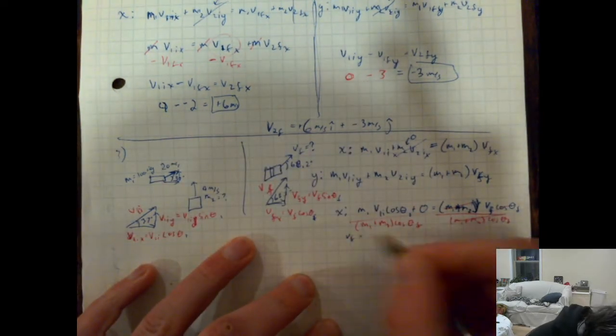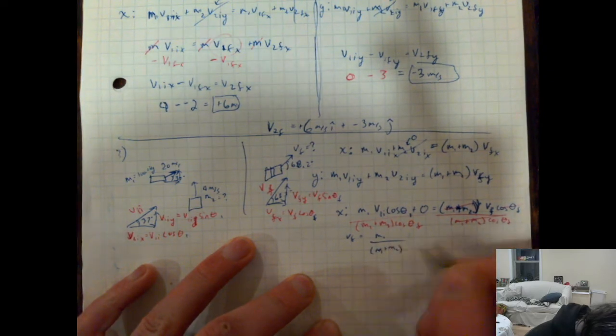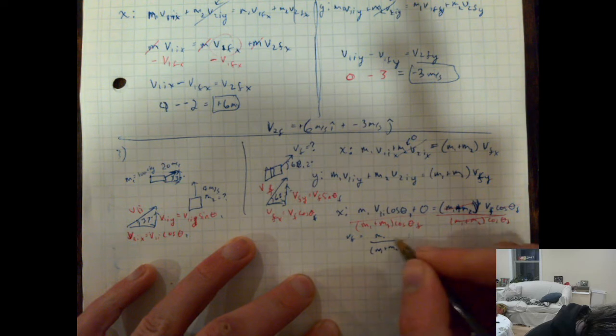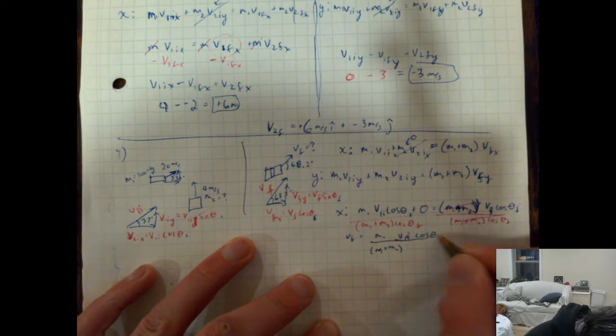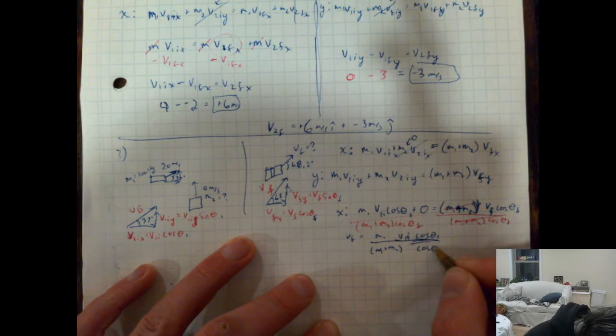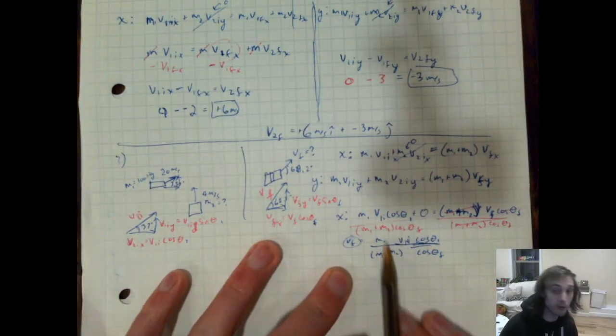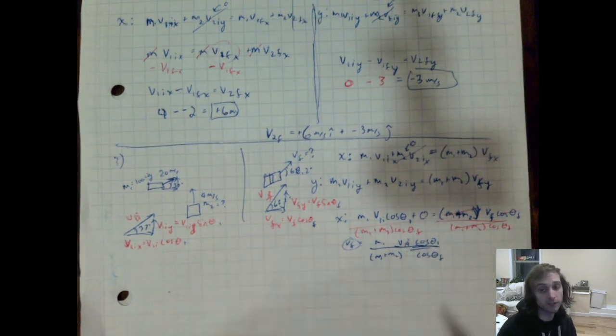So vf is equal to m1 over m1 plus m2 times v1 initial times the angle ratio. So this is something a little bit interesting, which is that our final velocity is going to be dependent both on our mass ratio and on our angle ratio.